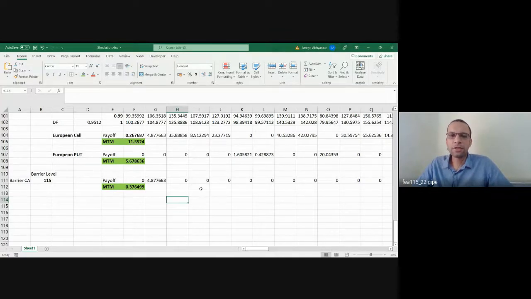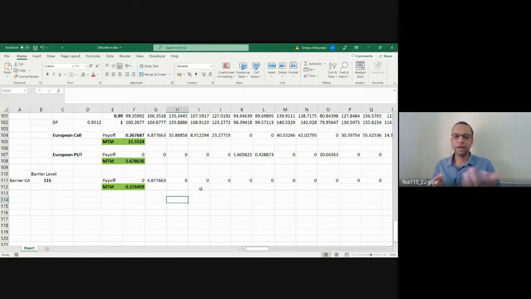So at maturity, anyways, you'll be looking at if at any point your level has got breached. So at maturity you don't really have to do a separate payoff calculation, right? You simply check your level on that day.